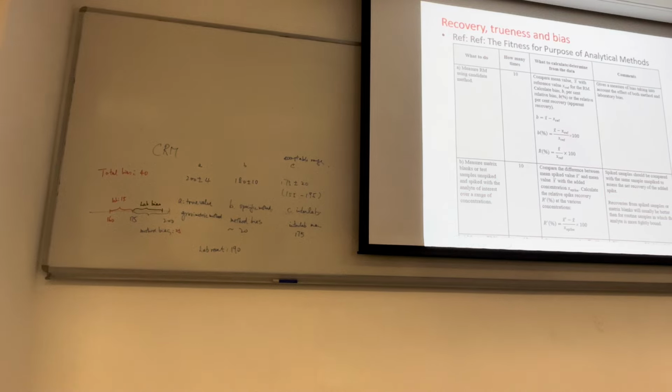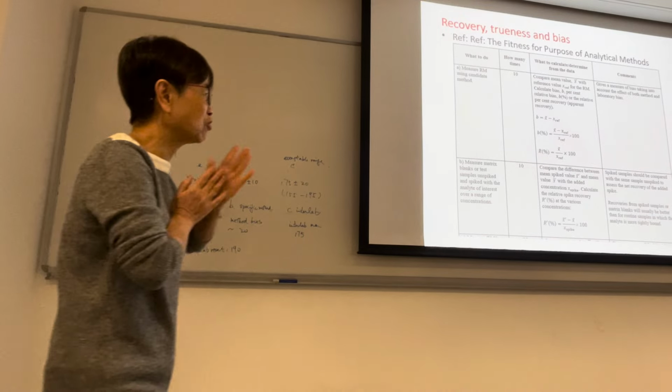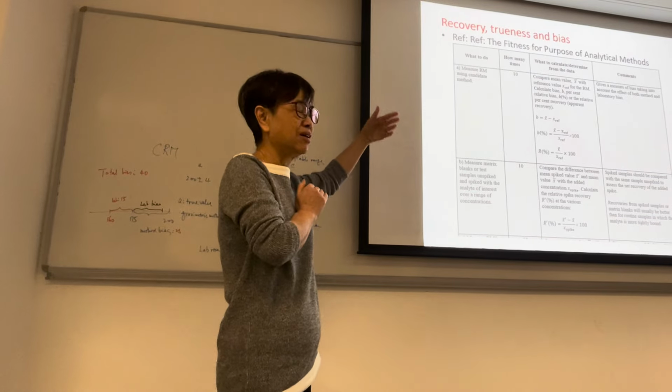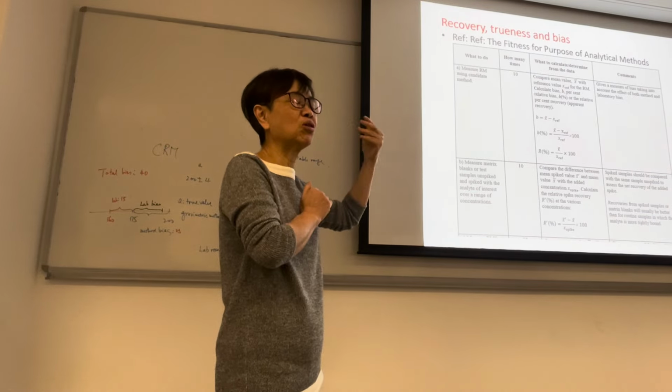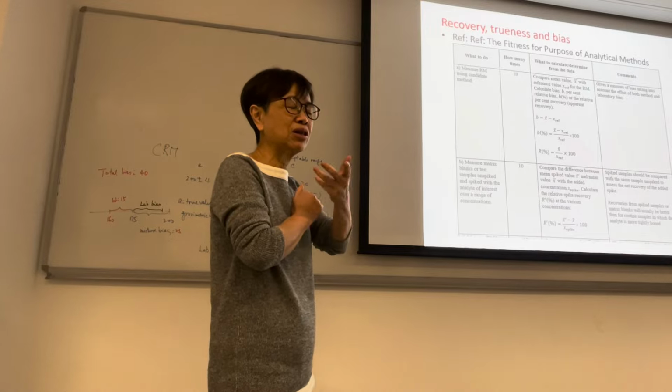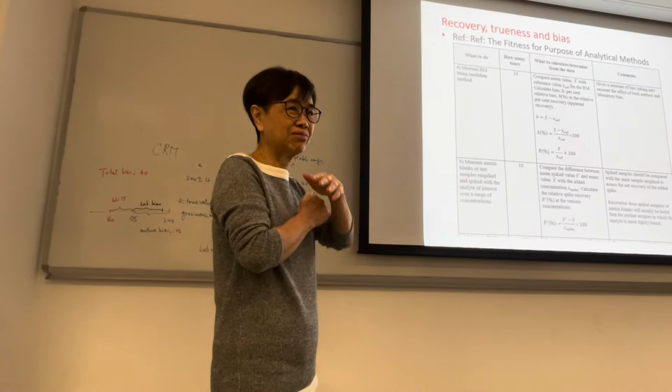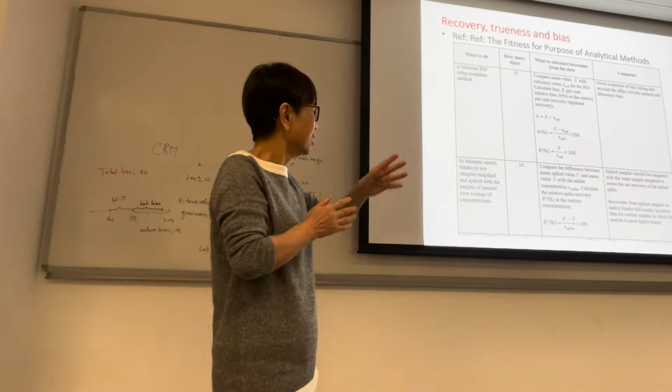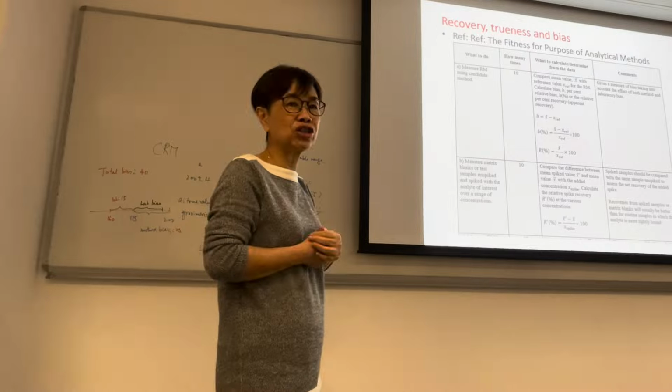When we say CRM, that means this is the matrix CRM. For spike, of course, we spike reference material or standard solution made from certified CRM, that is acceptable. The first one is matrix CRM.